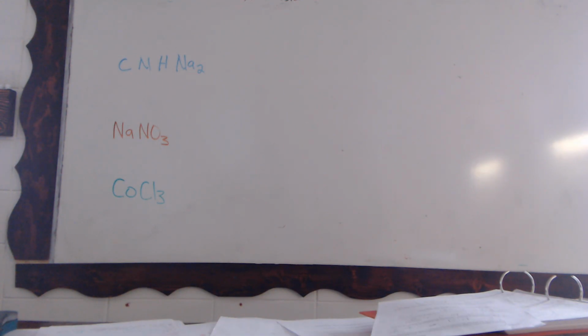Are you sure it's ionic? Well, yeah, so what if it's cobalt and chlorine? It is a metal and a non-metal. So chances are that would say, yes, that is an ionic bond. Okay? So you'd want to do this one.